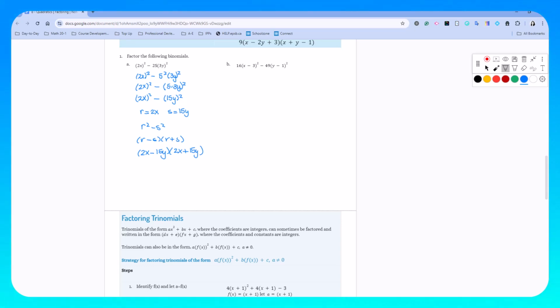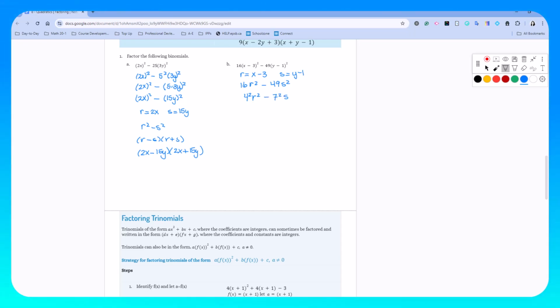In the next one, we're actually going to make the substitution first. I'm going to let r equal x minus 3 and s equal y minus 1. So for the first one, I get 16r squared minus 49s squared. Well, now I have this 16 value here, and we know that this needs to be written as squared values.